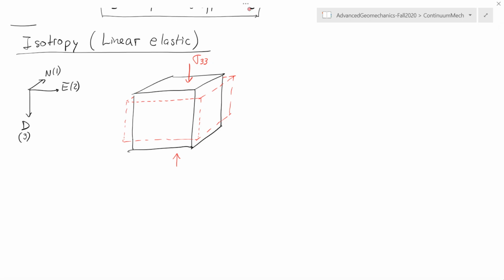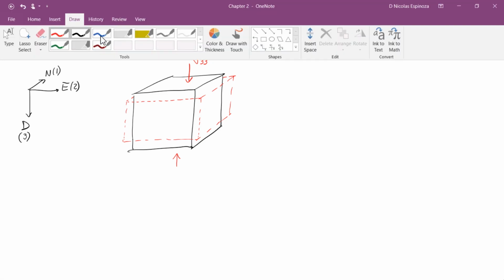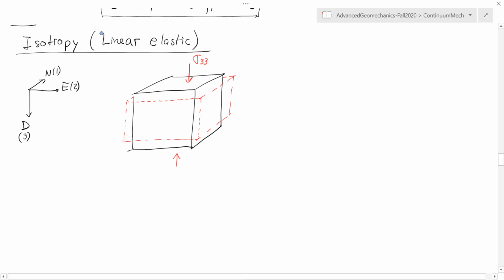And let's try to quantify that deformation. Originally, this element, and here we're going to apply the kinematic equations, had a length in direction 3 of dx3. When it deforms, it's deforming on the two sides, and the total amount of deformation or displacement is du3, but it is the same on the top and the bottom.